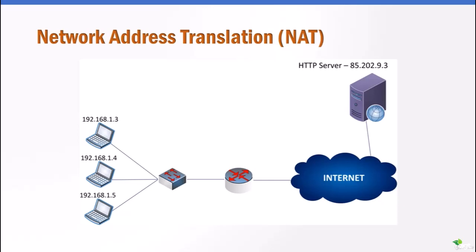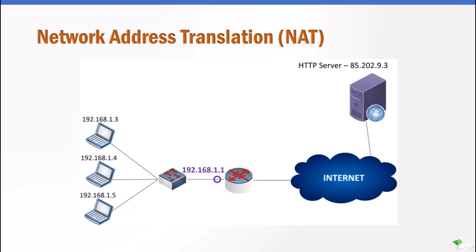For example, these three computers are going to use one public IP address to go out to this HTTP server, or web server, in this example. So this server is going to see all three of these computers coming from a single public IP address. So this is how that's achieved. We have a private interface on the router.